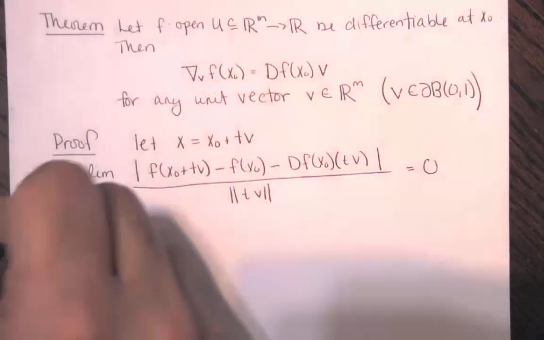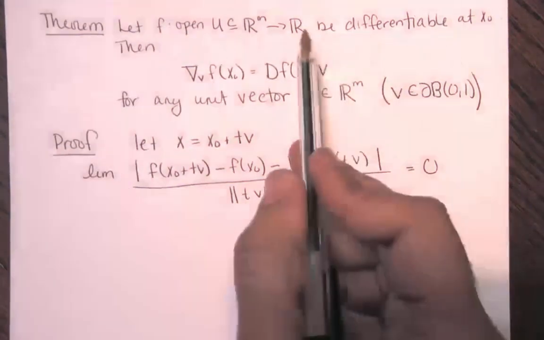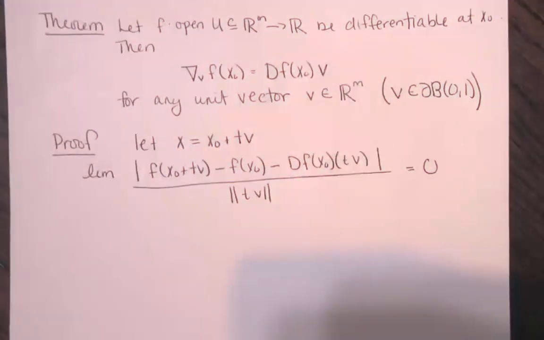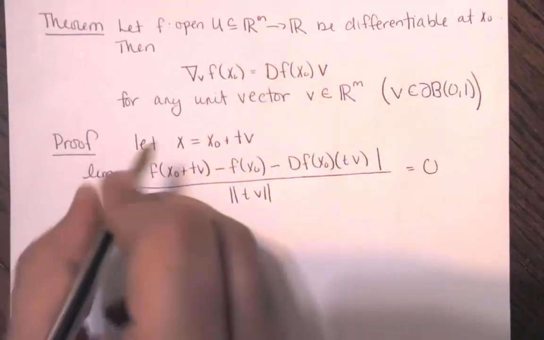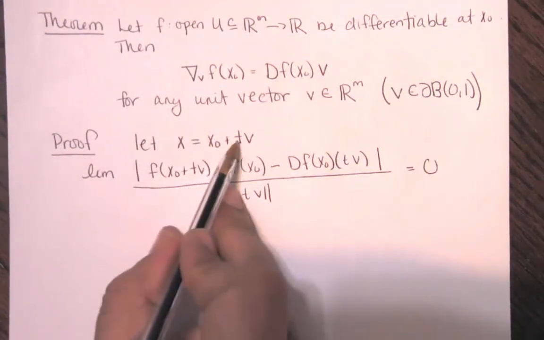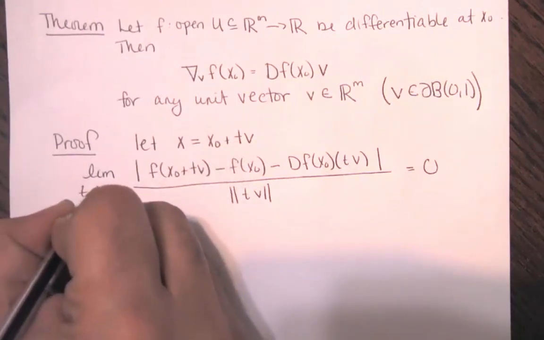How do I know this is equal to 0? Because that's the definition of differentiability. Now, I'm taking the limit as x goes to x naught, but that's the same thing as taking the limit as t goes to 0.